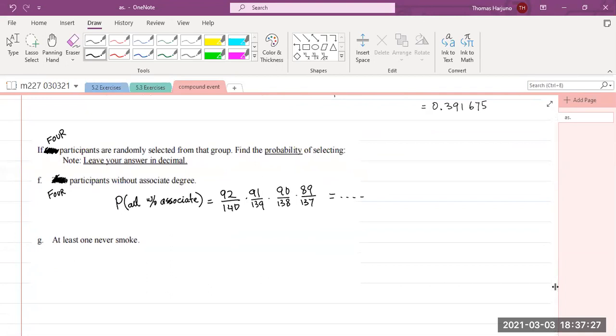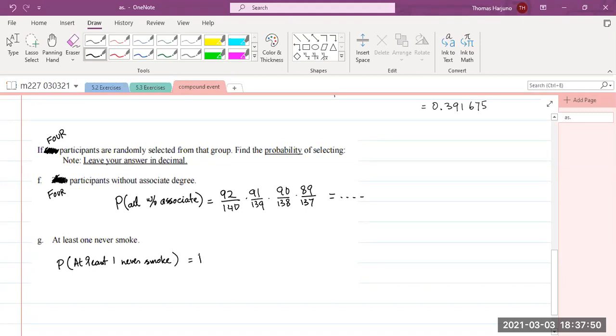Now, what is the probability at least one never smoke? At least one never smoke.